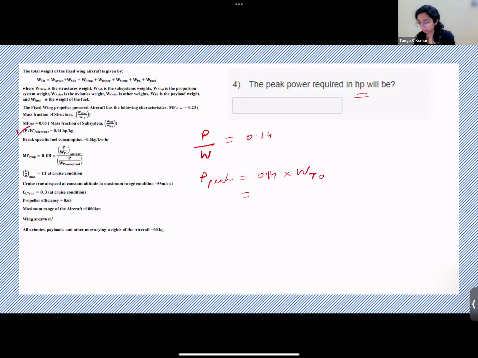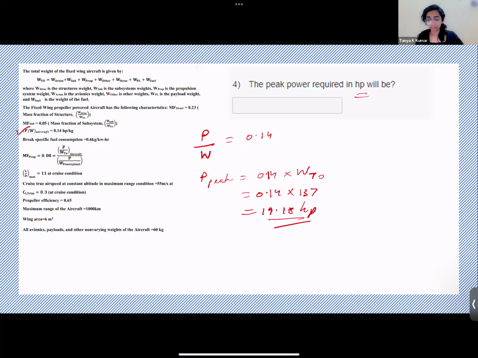So just multiply it, it's 137. So 0.14 into 137, what is the value? 19.80. So that is your peak power required.